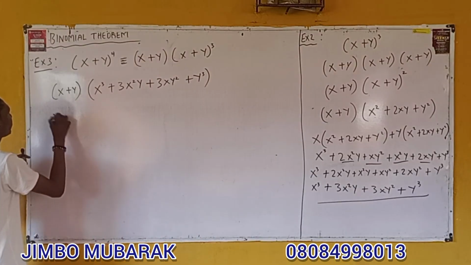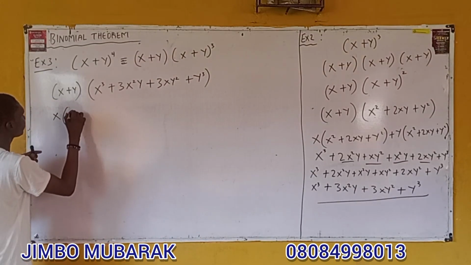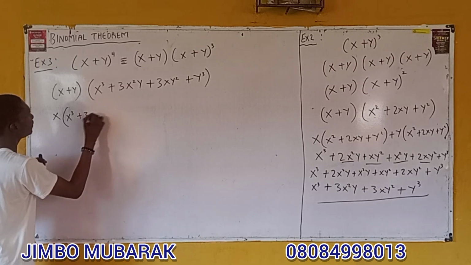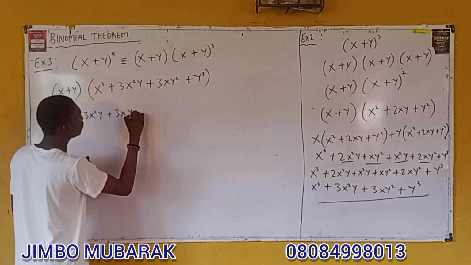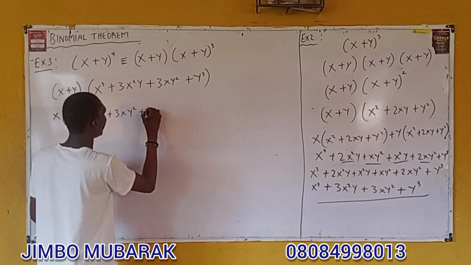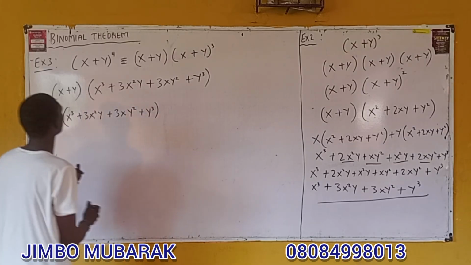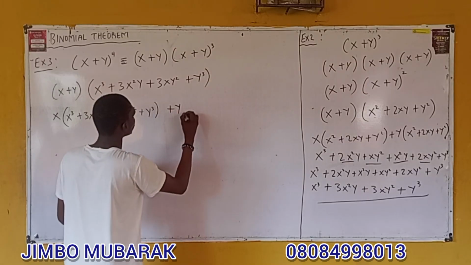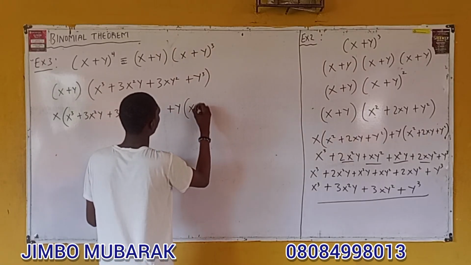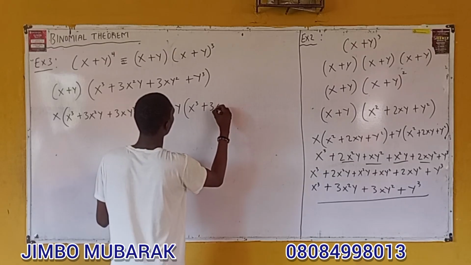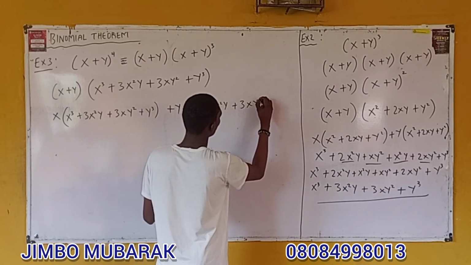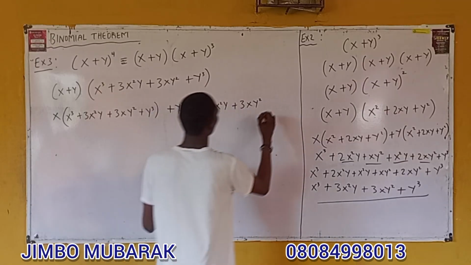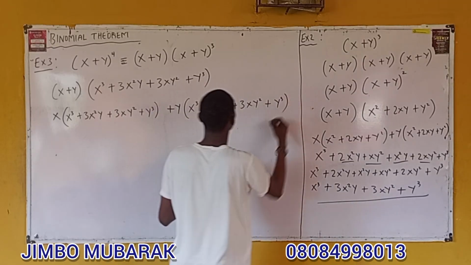Now what? x open brackets x cube plus 3x square y plus 3xy square plus y cube. Then plus y into bracket x cube plus 3x square y plus 3xy square plus y cube. Are we there?